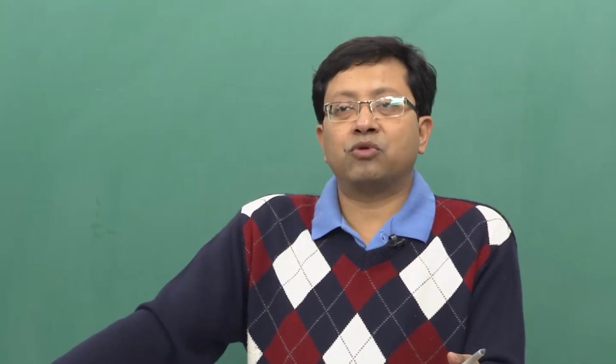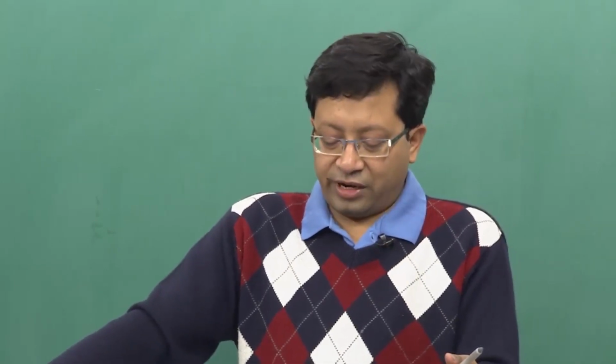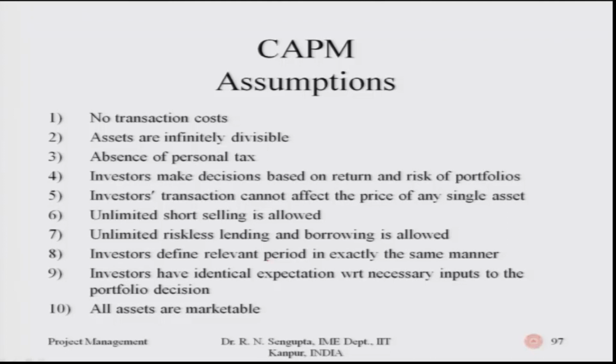Investors, the people who are there in the projects, define the relevant period in exactly the same sense. So, say for example, if it is for one time period, it will be considered the same for each and every person in the investment process for the project. Investors have identical expectations with respect to the inputs to the portfolio or the project decision. Now, this identical expectation basically means the overall concept of utility.